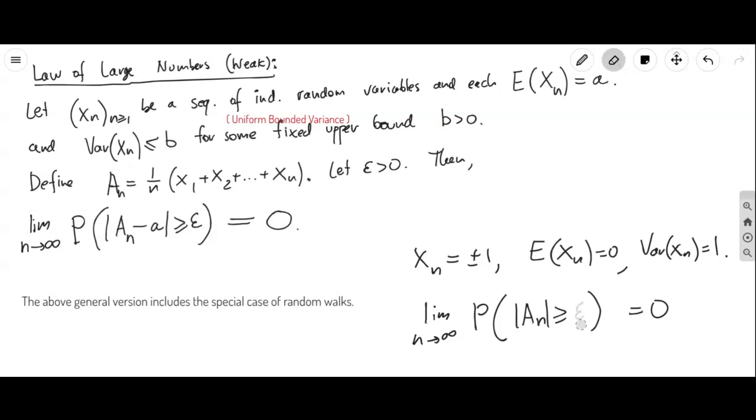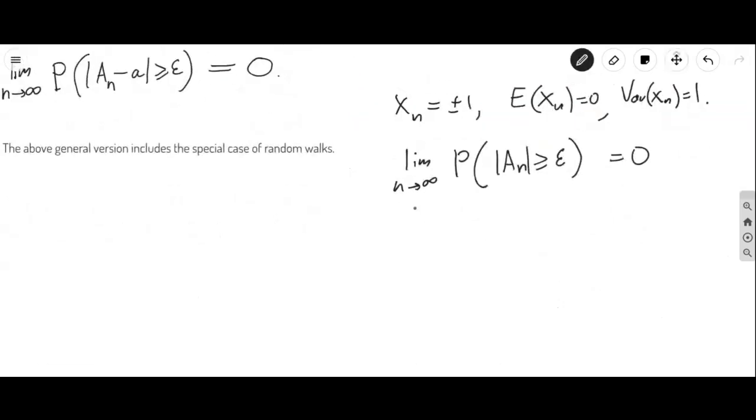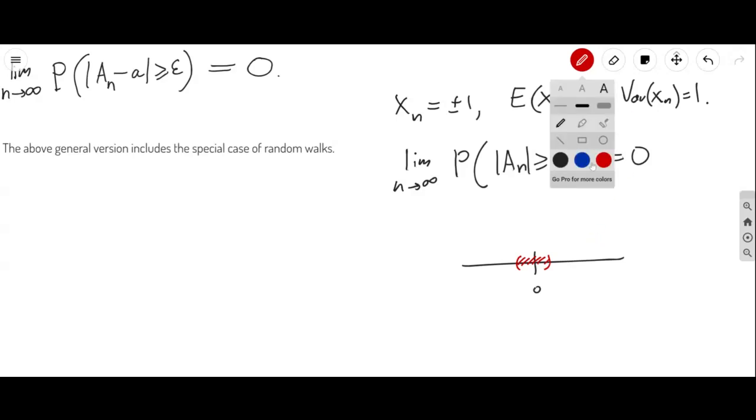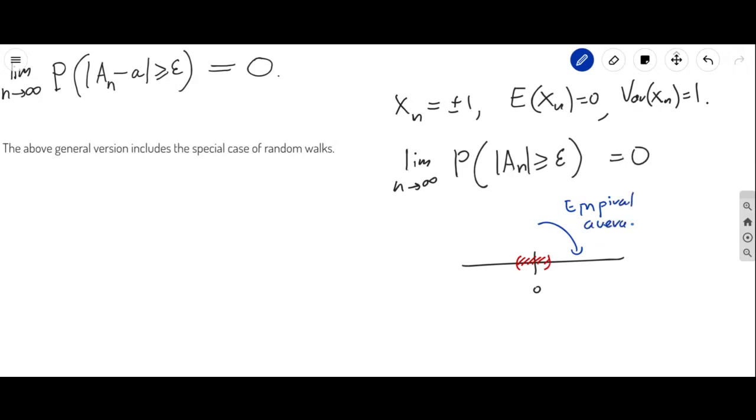So no matter how small you make that epsilon, so here's 0, we create a tiny little interval, and we're saying the probability that the empirical average after n steps falls outside that interval, outside that bound, is unlikely to happen. It could happen, but it's very unlikely. And the larger you make the n, the more unlikely it becomes.